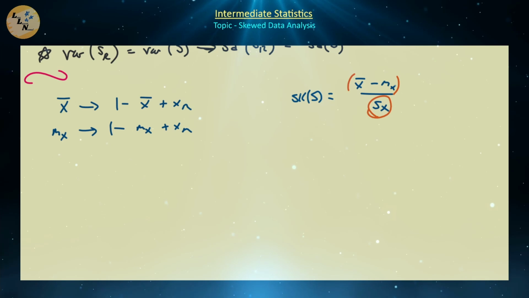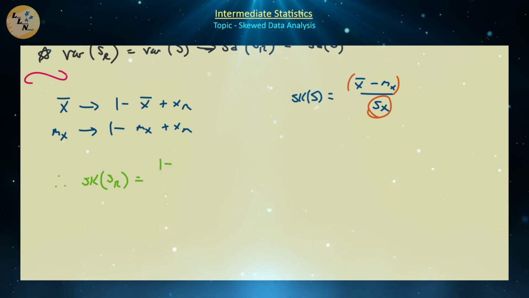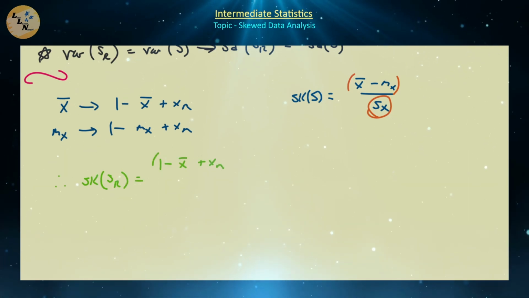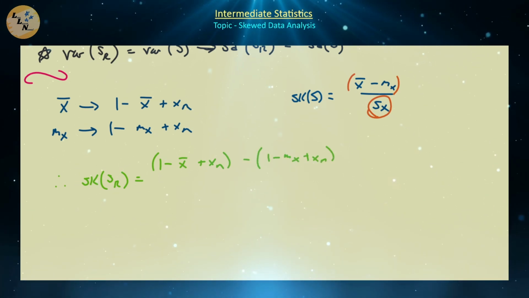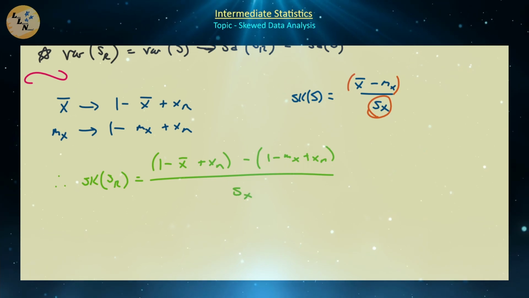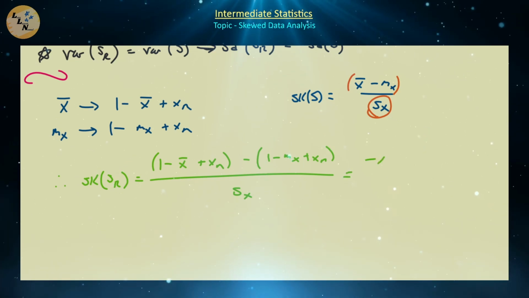So what about the top? The skewness of the reflected data set is going to go to 1 minus x bar plus xm minus 1 minus median of x plus xm, all over the standard deviation of the original, which is the standard deviation of the new, because that's not going to change. So that's going to be equal to what? We're going to have minus x bar there, because the 1 minus 1 is going to cancel.